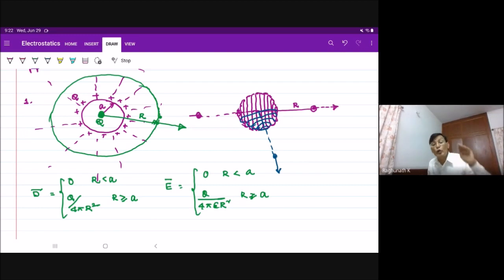It can be assumed to be concentrated at the center of the sphere to calculate the field at any point outside, not inside, of course. Is it clear? And that is what I was talking about yesterday also.